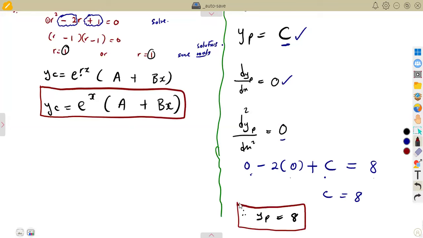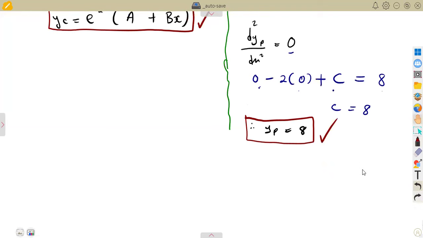All right. With the complementary function and the particular integral, these two together, they are combined, joined to give us what we refer to as the general solution.